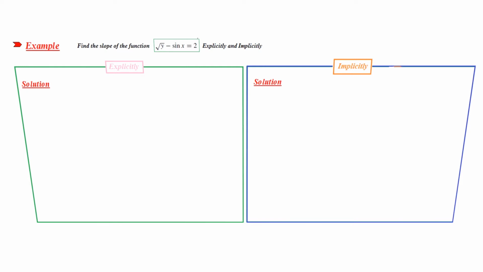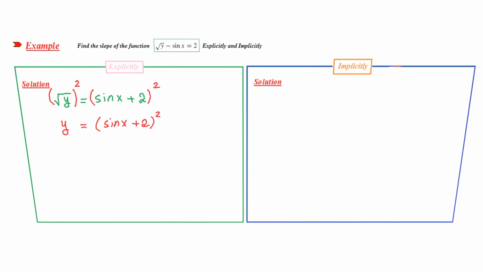By moving minus sine x to the right hand side, you will get radical y equals sine x plus 2. By taking power 2 to both sides, you will get y equals (sine x plus 2) squared.